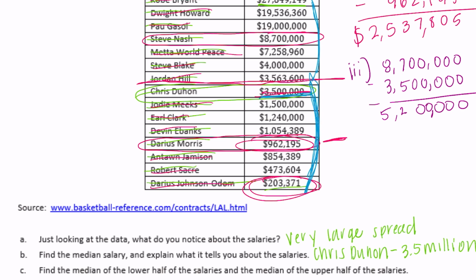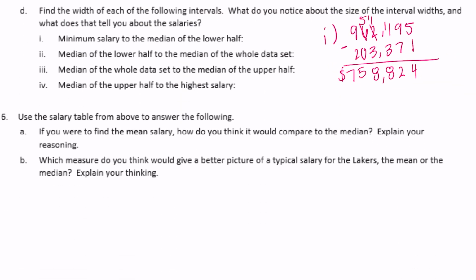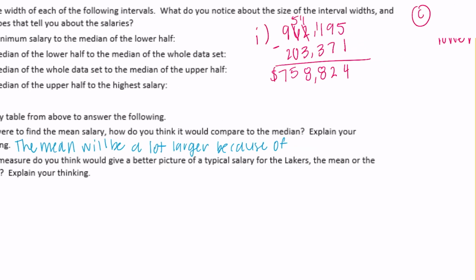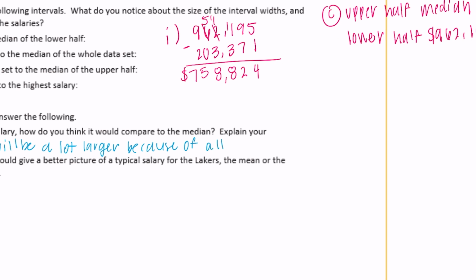These are not big enough, they're going to get drowned out by these huge salaries. So the mean is going to be a lot larger than the median. So I would say the mean will be larger because of all the huge salaries.